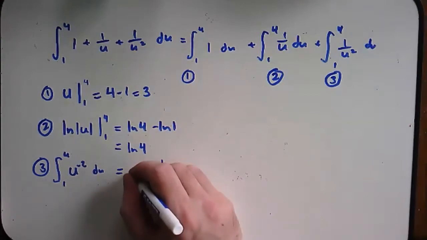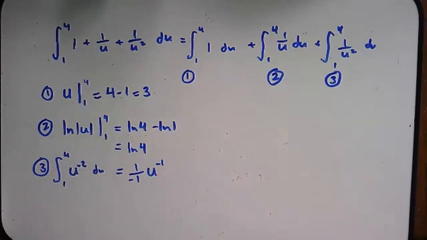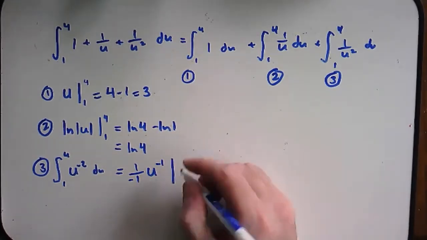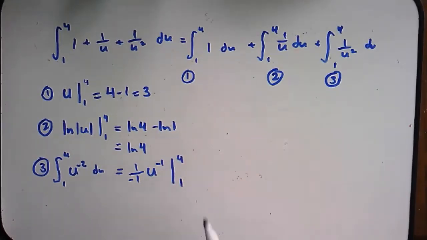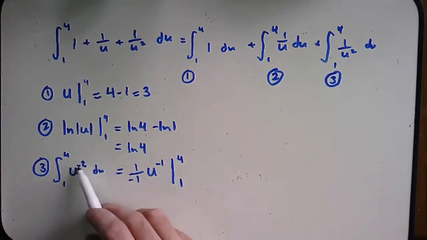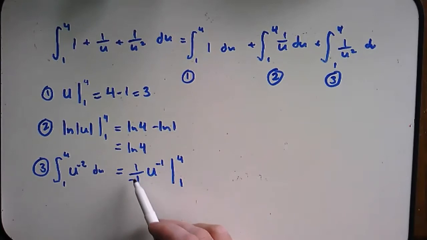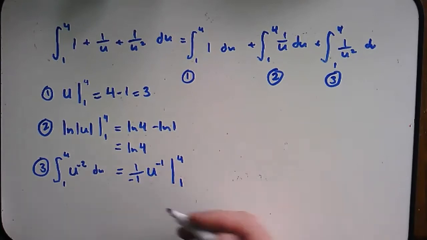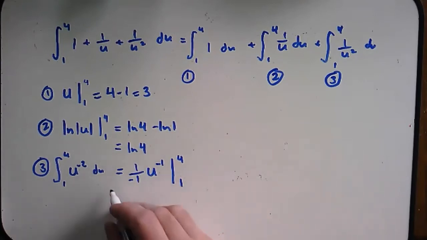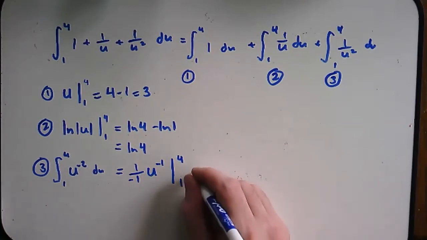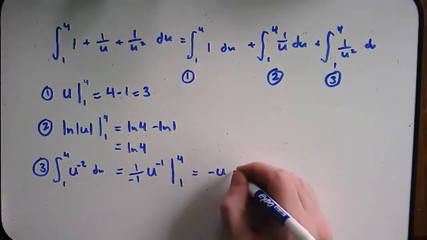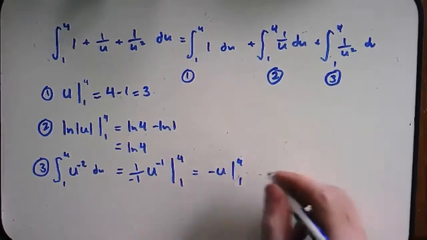And then divide by that new power. So u to the -2nd, we added 1 to the exponent, and then we divided by that new exponent. Well, 1 over -1, that's just -1. So really what we have here is negative u evaluated at 4 and 1.